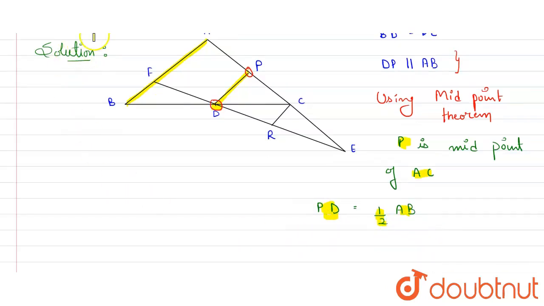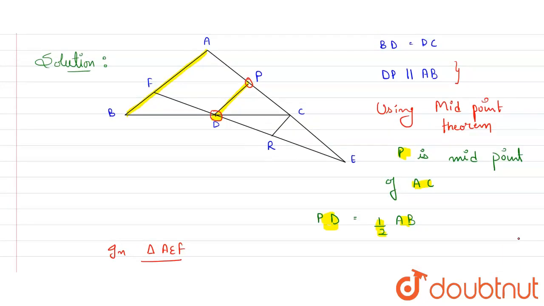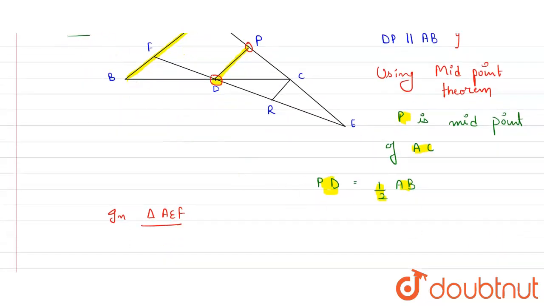Now if I consider triangle AEF, it is given that AB is parallel to PD and CR. So let's write here, AB line is parallel to line PD and it is further parallel to line CR.